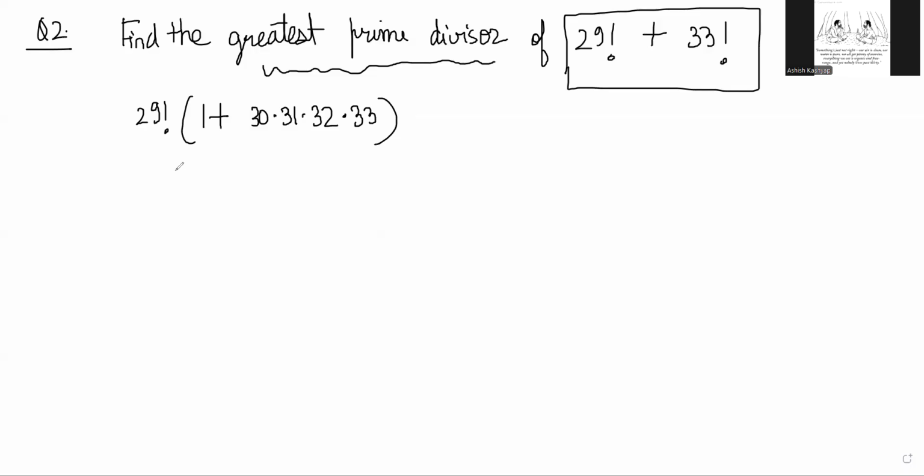I hope everyone realizes that this is the same thing. Right. So now, let's look at this inside part. Can you think of a good way to simplify it so that it becomes something nice?